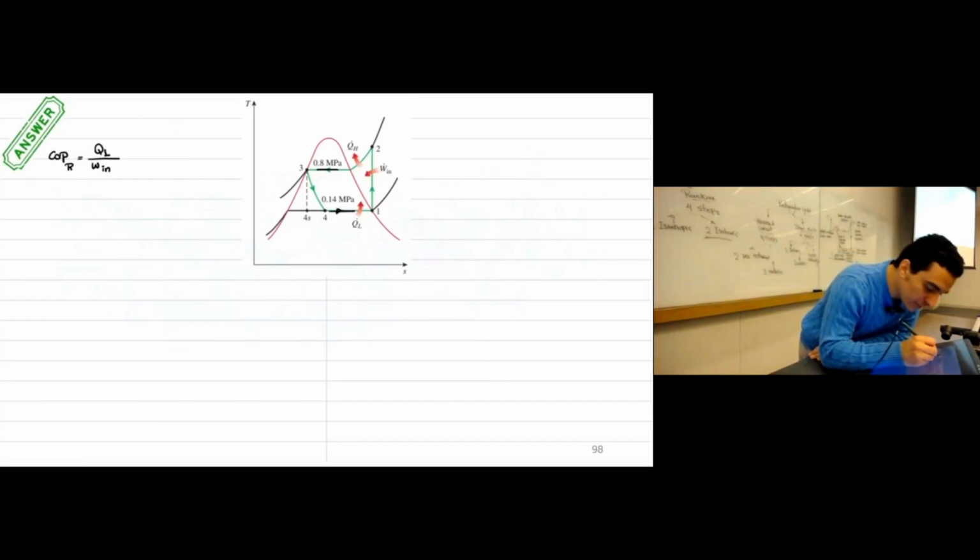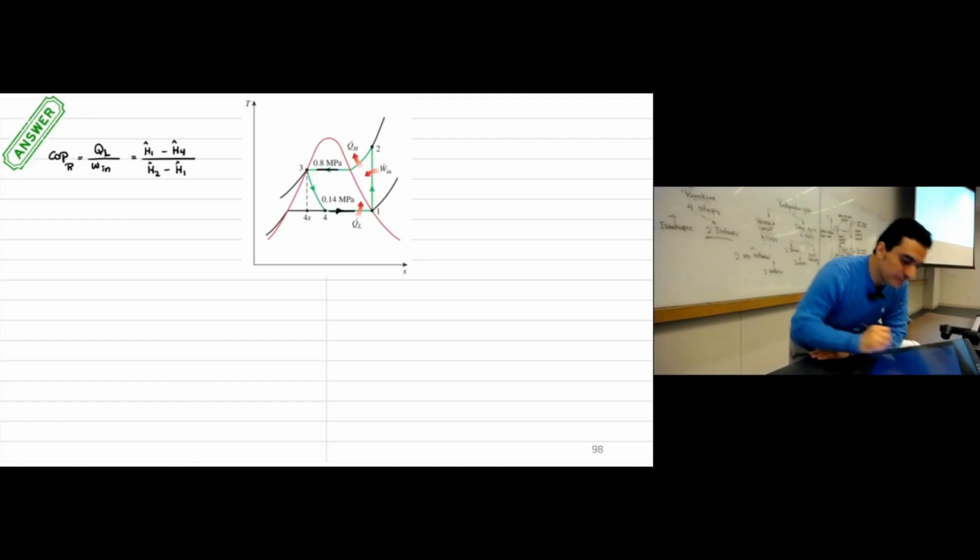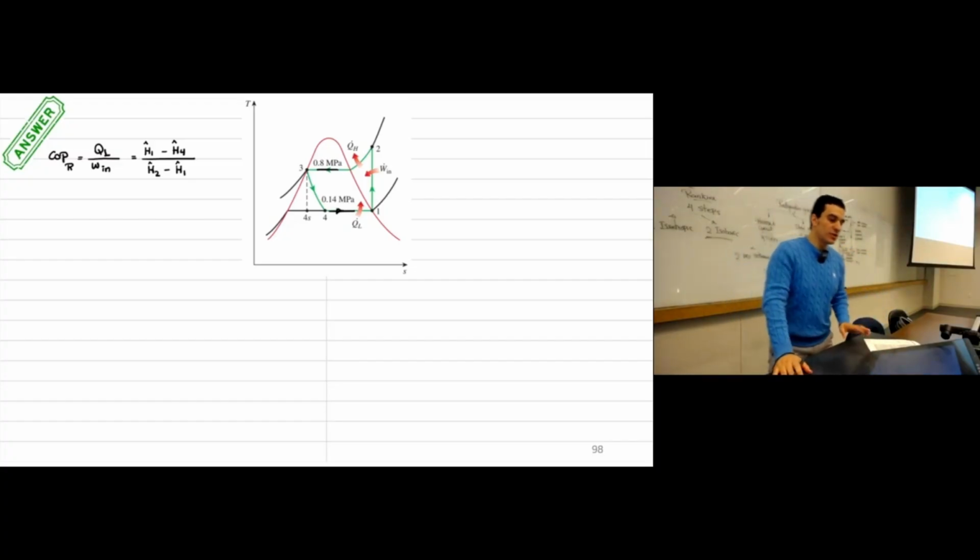So this one here will be H1 enthalpy at point 1 minus enthalpy at point 4 over enthalpy at point 2 minus enthalpy at point 1. So this will be the coefficient of performance.